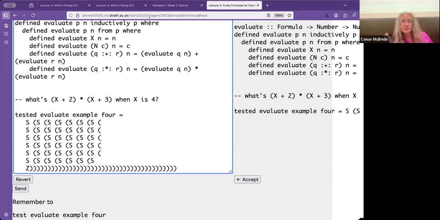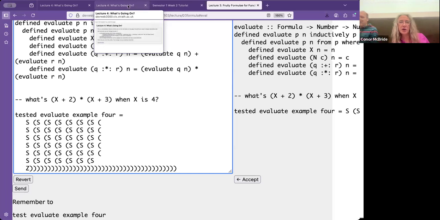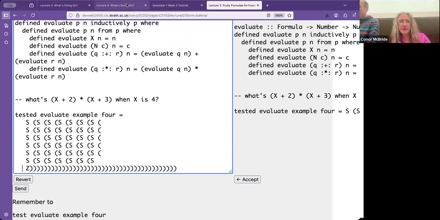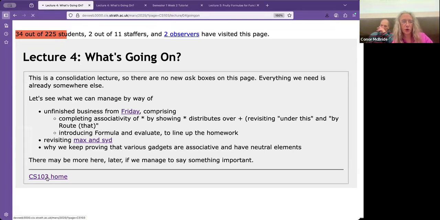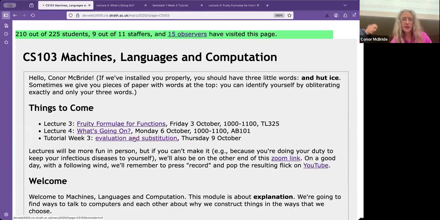Anyway, I want to have a quick look at this week's tutorial homework, which I hope you will not be too phased by, because this week's homework involves formulae.